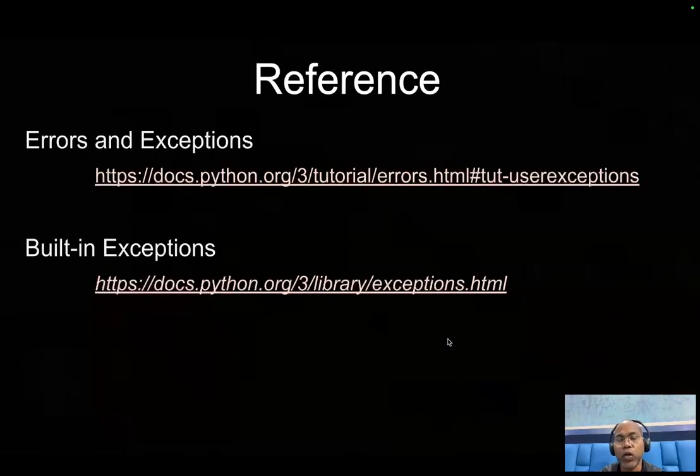Okay, so these are some points you have to keep, and if you want to understand in more detail about errors or exceptions, and what the inbuilt and custom types are, these are the documents you can refer to.